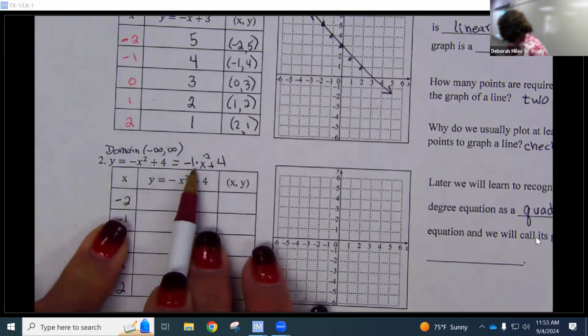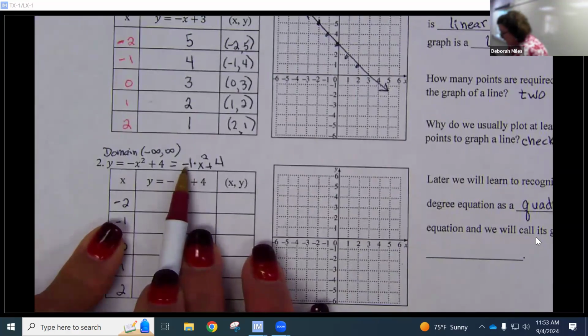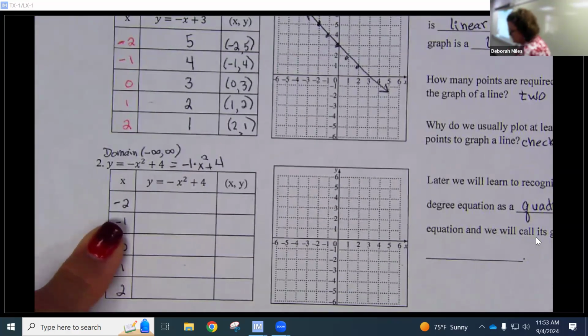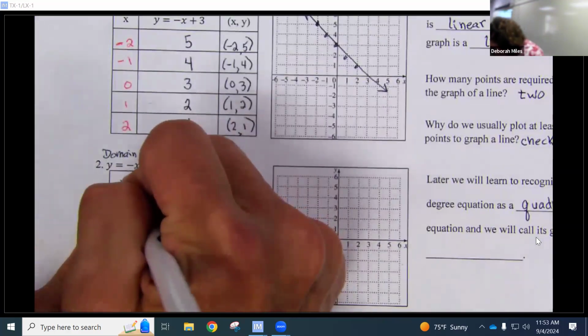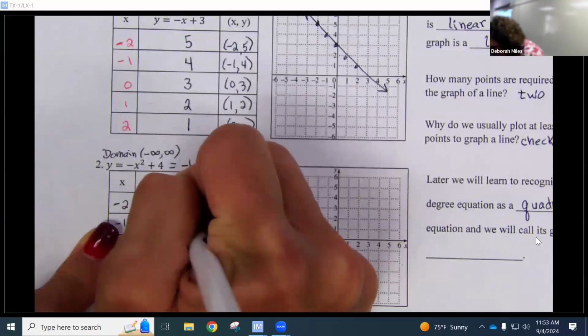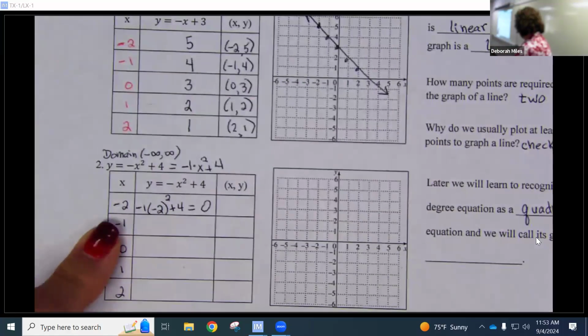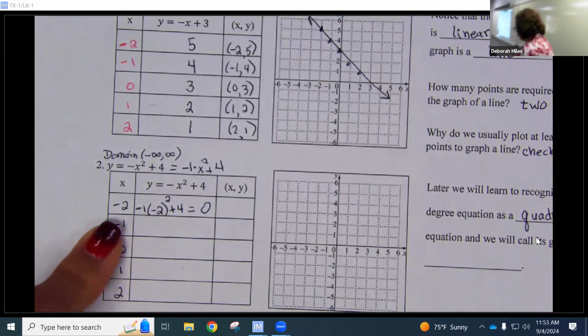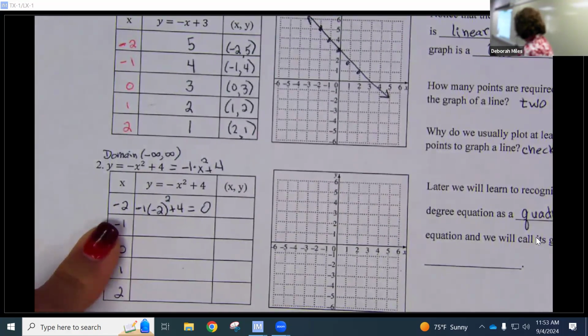Multiply by -1, that's -4. And then add 4. That would give me 0. If you need to write down something you can see, you could write that down: -1 times -2 squared plus 4 is 0.